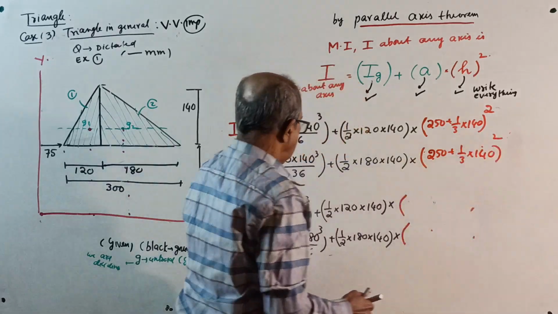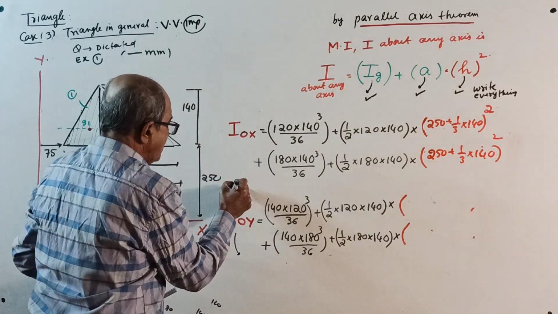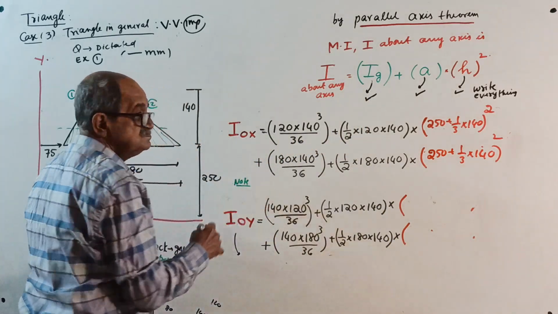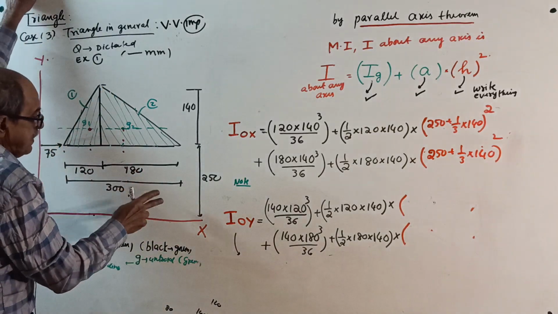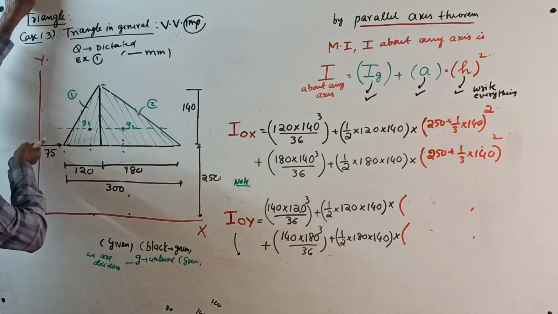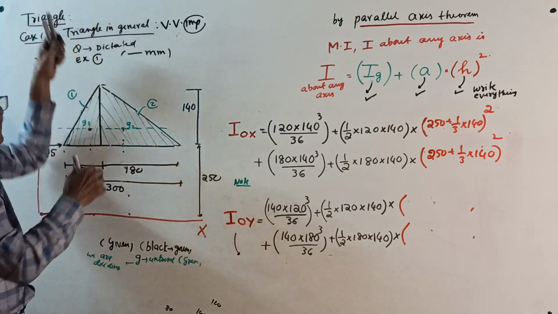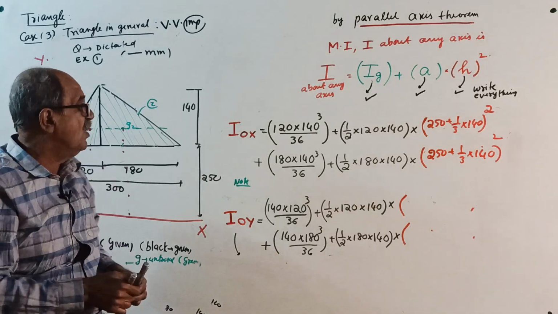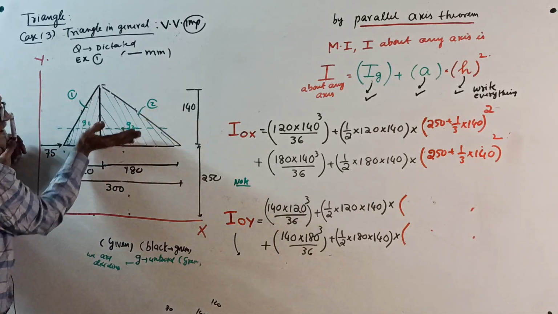Okay. Now, those who want can make a note here. Note: if the purpose is only to get I about this axis parallel to the base, then instead of both triangles, you can take a single triangle, because then the CG is the same this way.